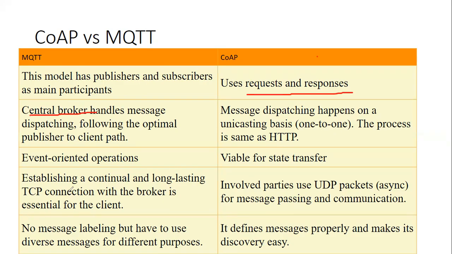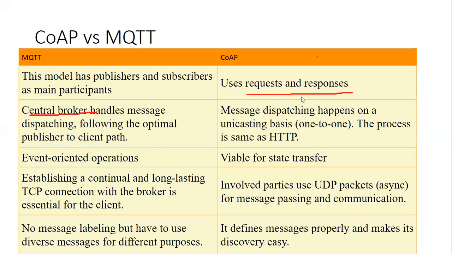And in case of MQTT, there is no message labeling, but they have to use diverse messages for different purposes, whereas CoAP defines messages properly and makes discovery easy.